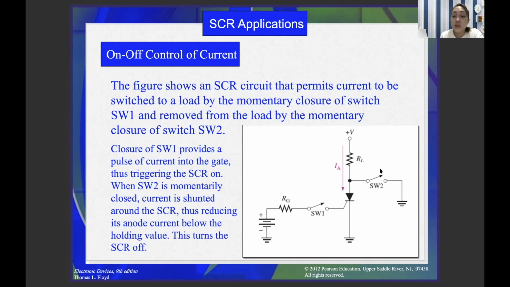So this seems like a forced commutation, but again, by closing switch 2, the current flow will go to the less resistive path. That's why it will go across here, dividing IA into the current going to the ground and the current going to the SCR. That's why it momentarily decreases the current across the SCR.